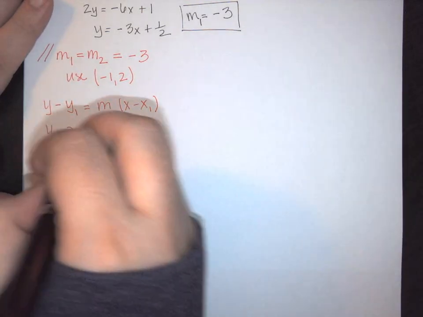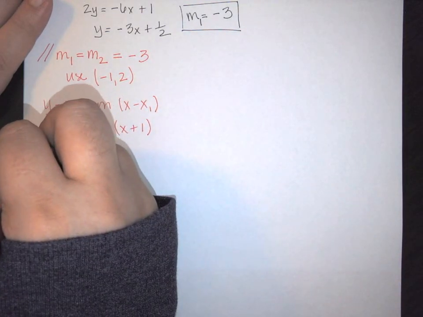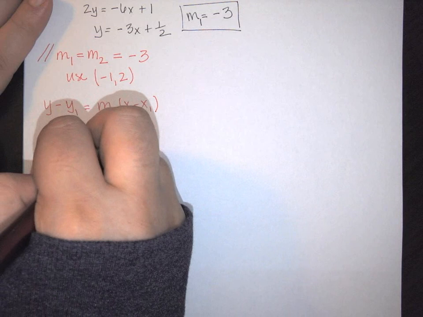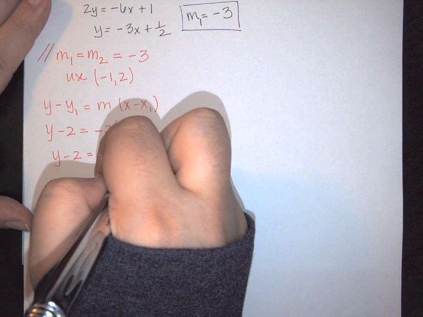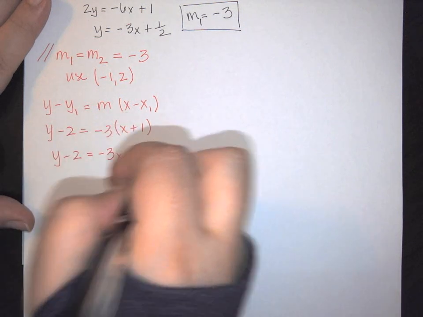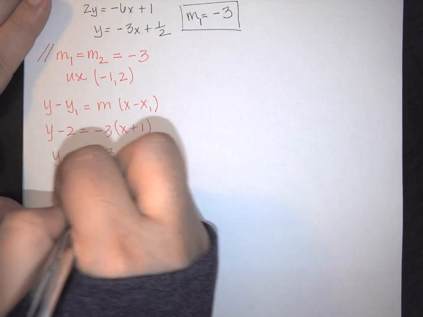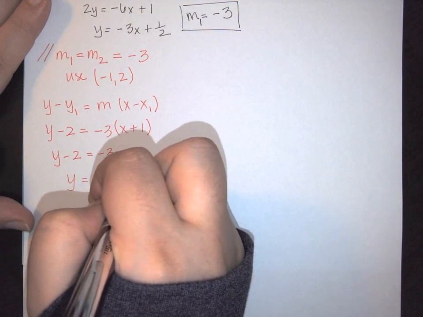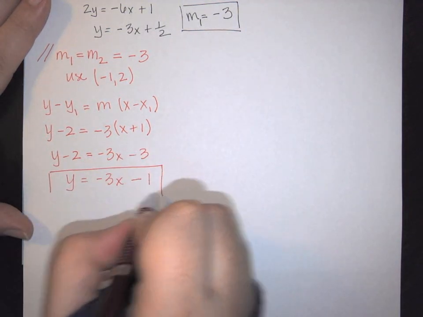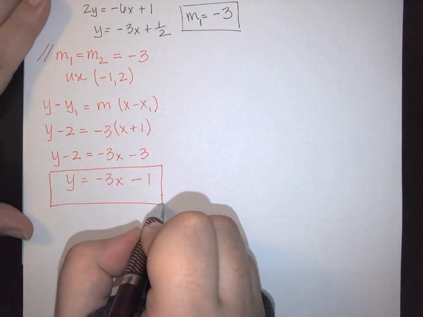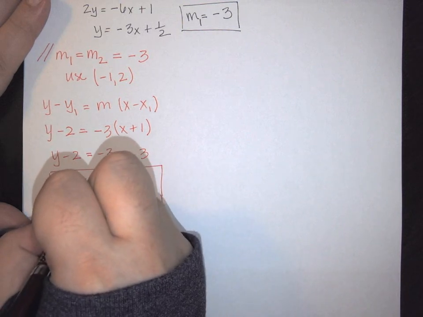So here we're going to go ahead and solve it. So y minus 2 equals negative 3x minus 3. So we're going to add 2, so y equals negative 3x minus 1. So this right here is parallel.